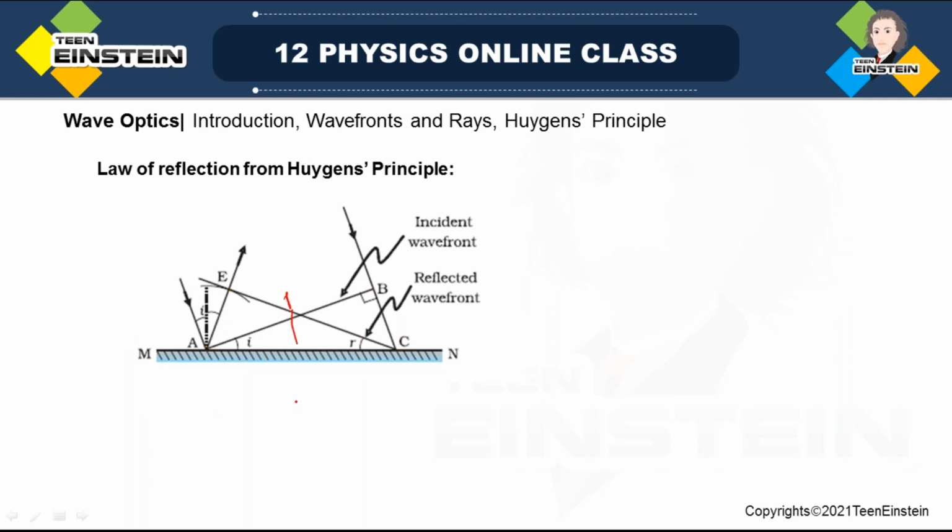So EC here is the new wavefront. Now you have to prove that the angle of incidence and angle of reflection must be the same.